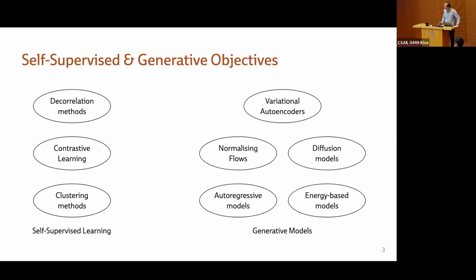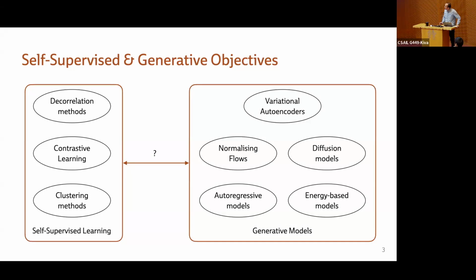On the other hand, for generative models, we can see the following classes. What we are going to see is the connection between these objectives. We would like, ideally, to find a way to integrate these objectives into a unified perspective.